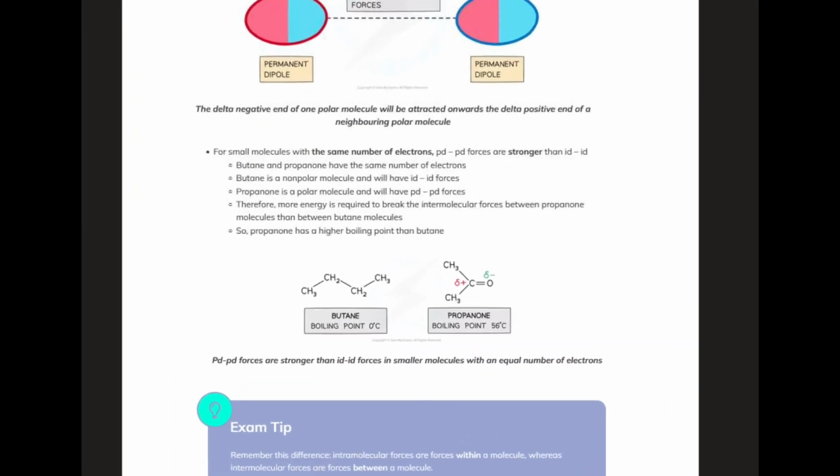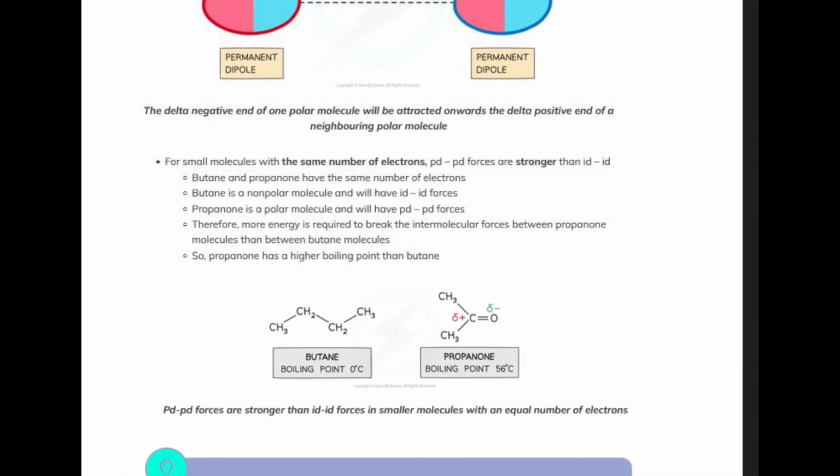Okay, so for example, butane and propanol have the same number of electrons. So this is butane, this is propanol, same number of electrons.